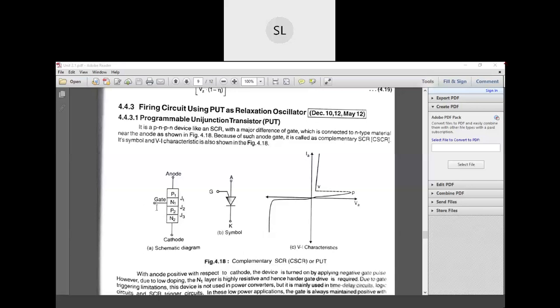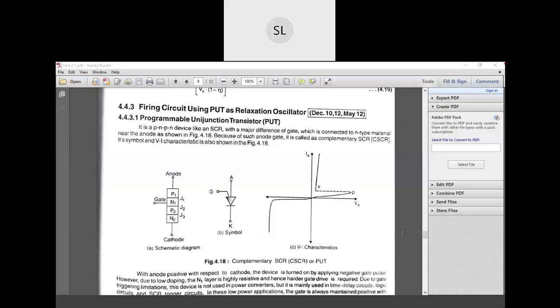When the anode voltage exceeds the gate voltage by a drop of 0.7 volts, this junction J1 will start conducting and current will flow out of this N1, and this device will be turned on. So this is how this device can be turned on.